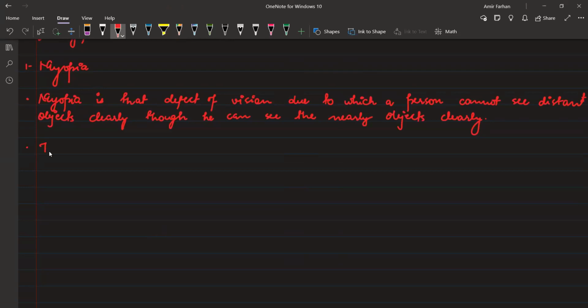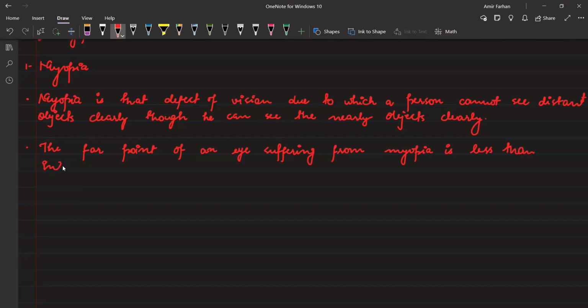The far point of an eye suffering from myopia is less than infinity.